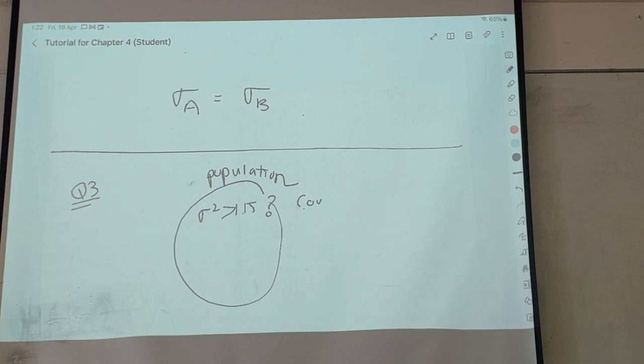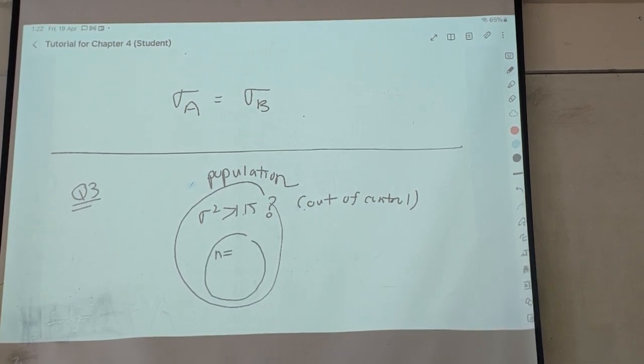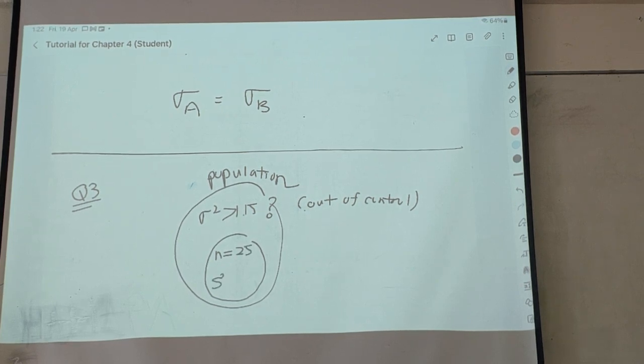This is to say that it is out of control. So how to test it? We collect a sample with n equal to 25. We get the sample variance equal to 2.03. If you look at the sample 2.03, it already exceeds 1.15, so it is out of control.